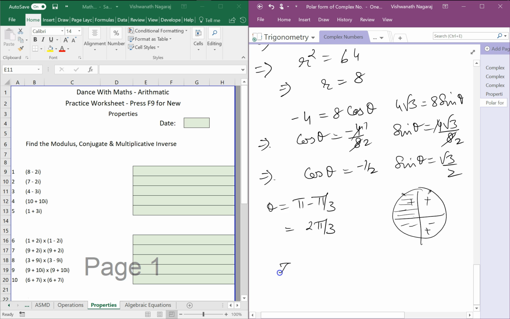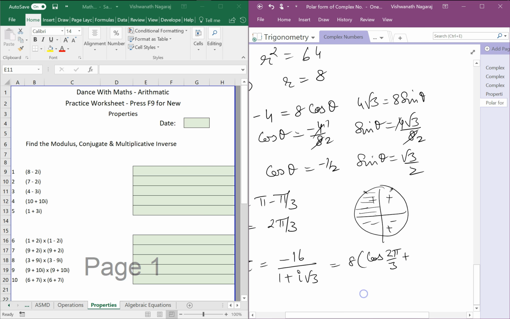So the polar form of this, what is the original? This one is -16 by 1 plus i√3, which is r cos θ. r is what? 2, no, 8. 8 times cos 2π/3 plus i sin 2π/3.